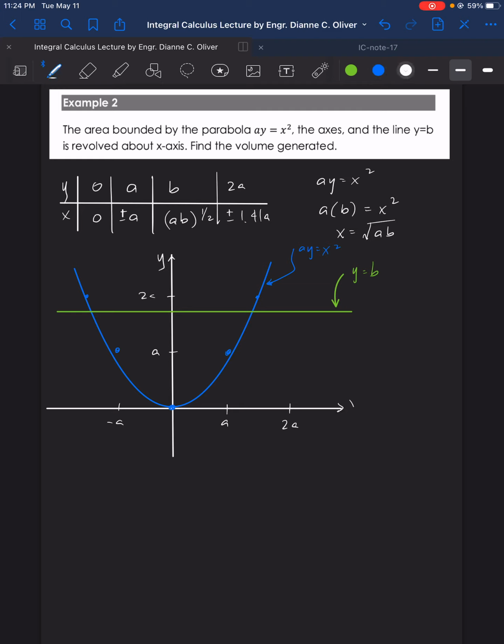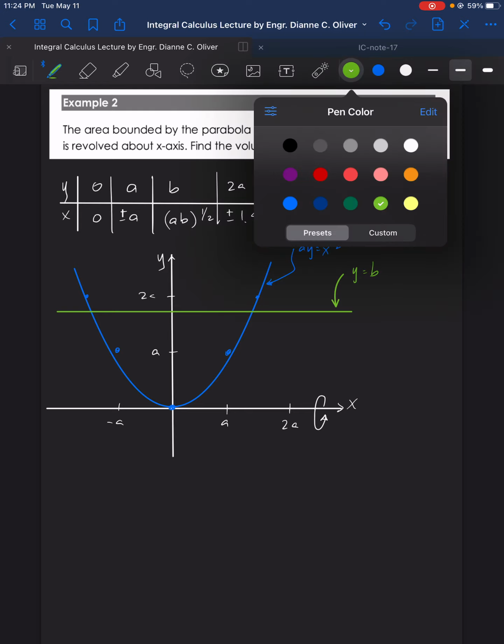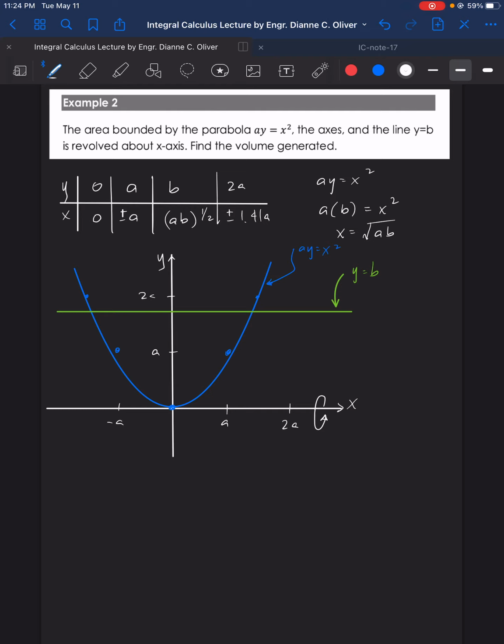This is y and then this is x, and the axis of revolution is the x-axis, so we revolve it here. Okay, so let's put first the points. So this is square root of ab and then b. Point here.